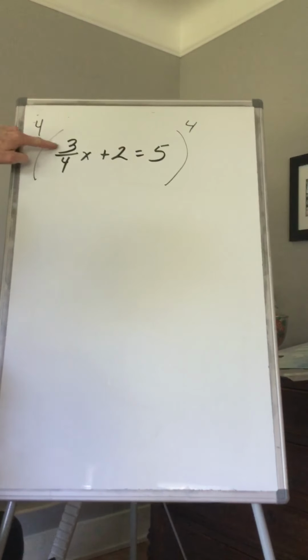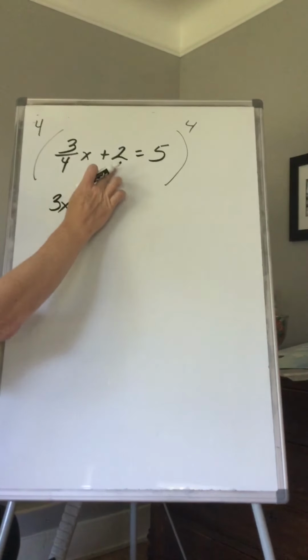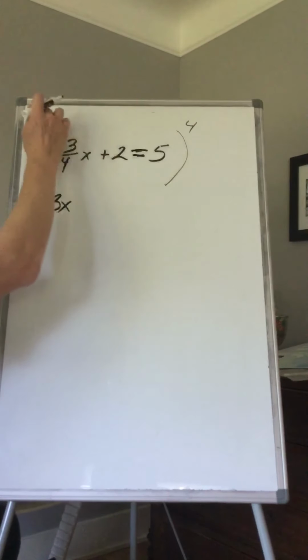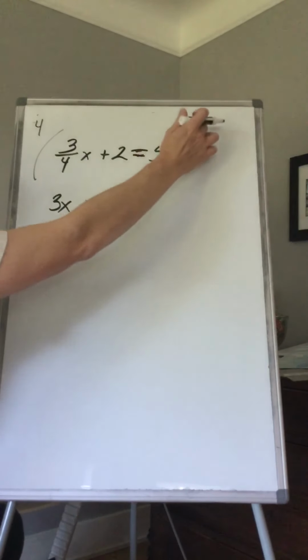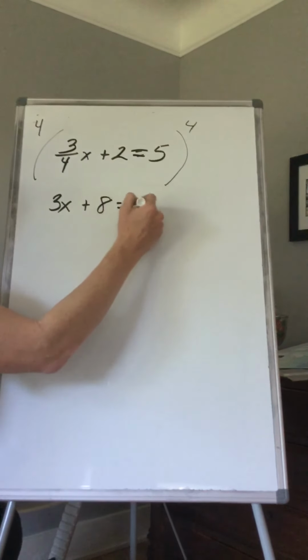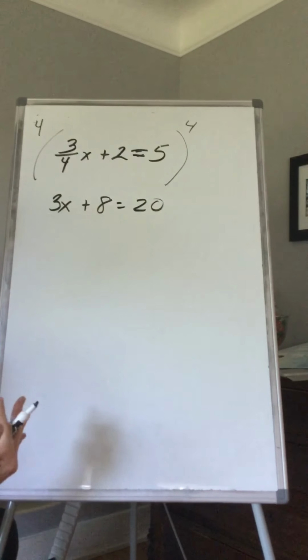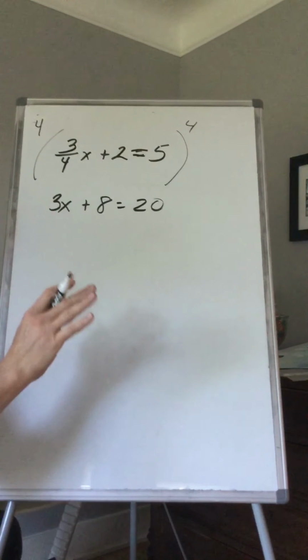So 4 times 3 is 12, divided by 4 is 3. And we can't forget this thing because this is part of that side of the equal sign. So 4 times +2 is +8. And then 4 times 5 is 20. And now it's much easier looking because it's equivalent. We did the same thing to both sides, so it's an equivalent scenario.